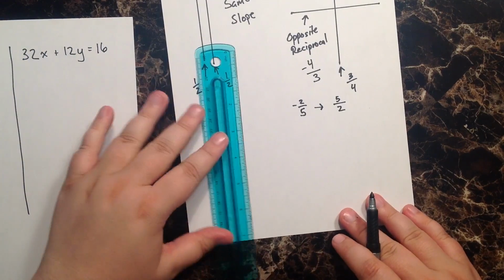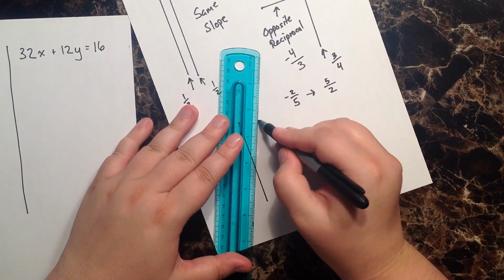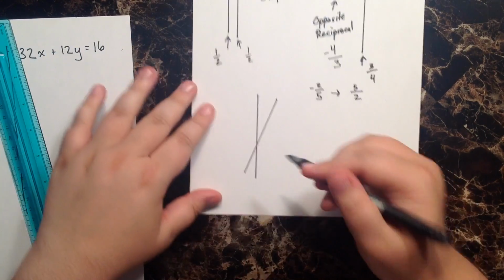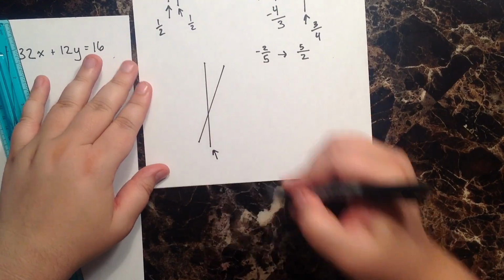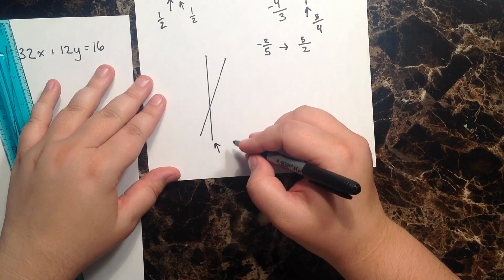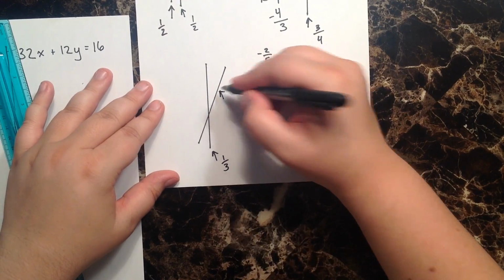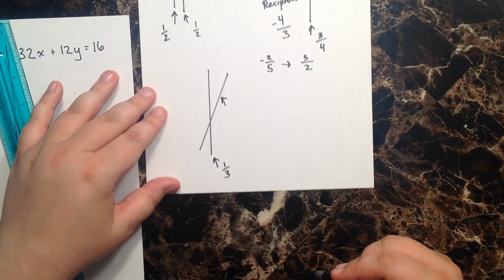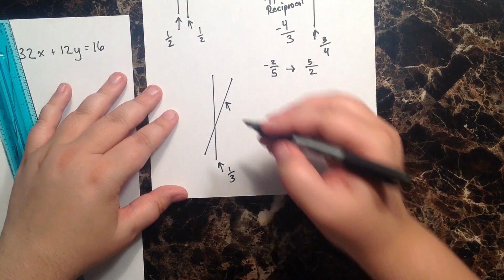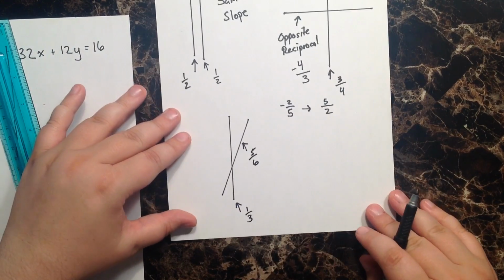Then we have a situation where the lines are neither parallel nor perpendicular. The original line may have a slope of, let's say, 1/3, and the intersecting line may have a slope of 5/6. It doesn't matter.